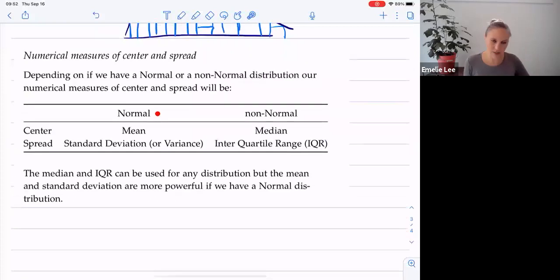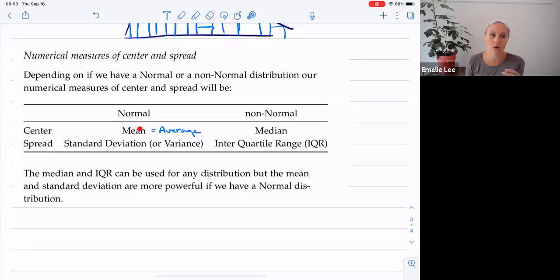So if we have a normal distribution, then the measure of center that we should use is the mean. Okay, the mean is the average. Right, we've already talked about the mean. And a lot of these things we haven't talked about yet, but I'm introducing them as we go. Okay, so we use the mean as the center for a normal distribution, and we'll talk about why that is, right?